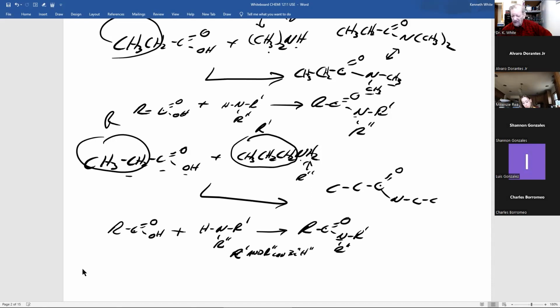I'll go this way. I could have put it down here, is this N-propyl, the carbon attached to the nitrogen, R prime, is the carbon attached to the nitrogen in the amide. Oop, almost made a big mistake. And R double prime is a hydrogen. There are 4 bonds to carbon, and that's the amide you make.